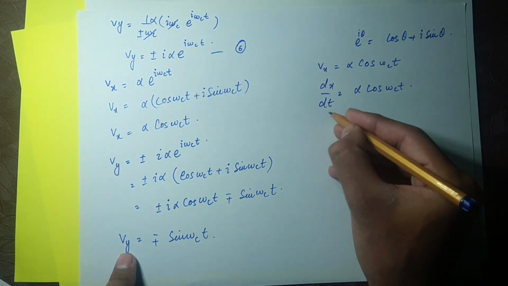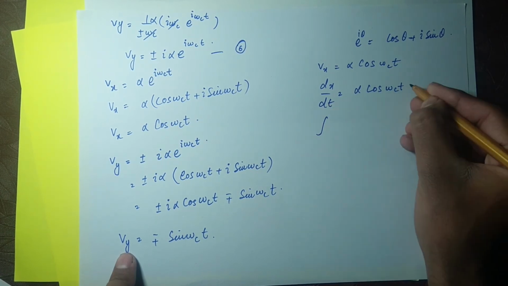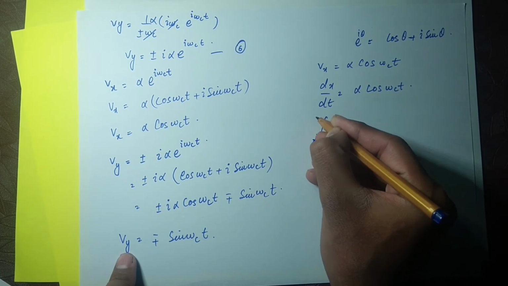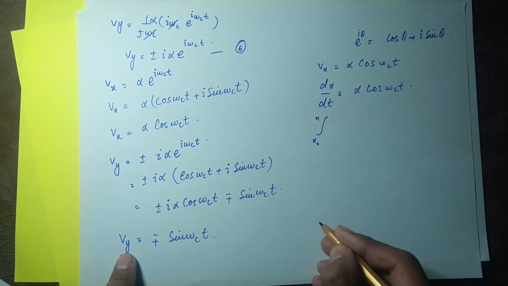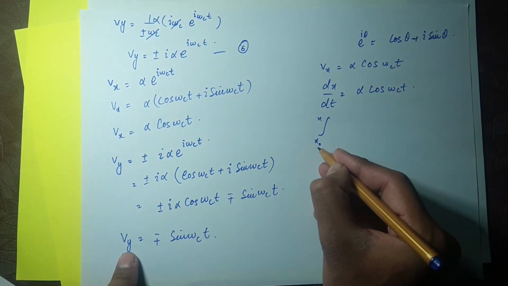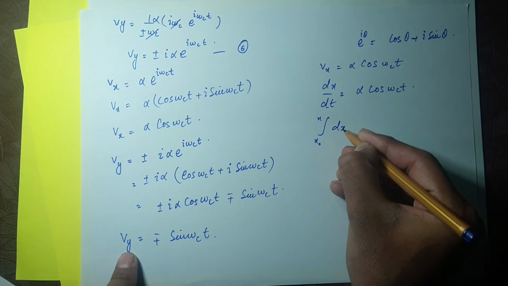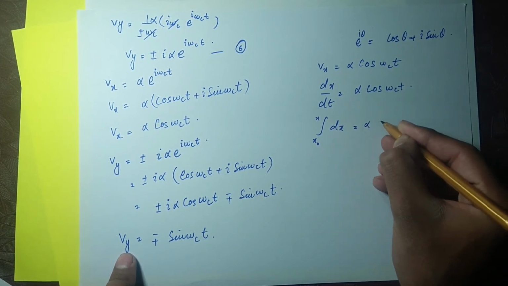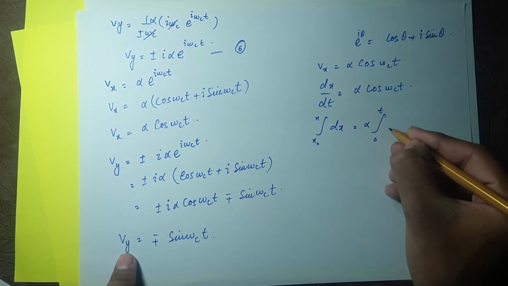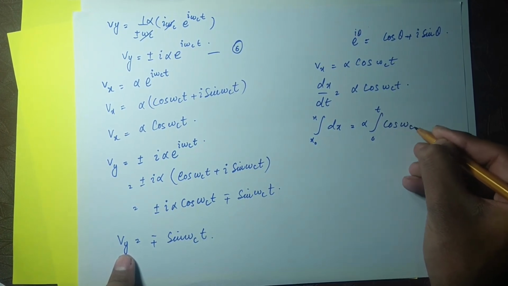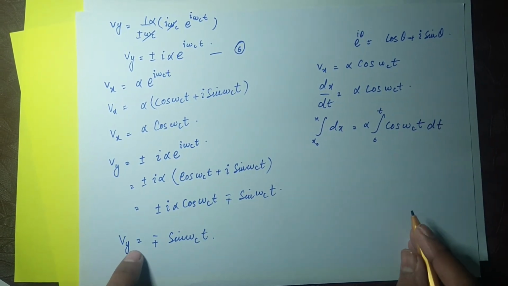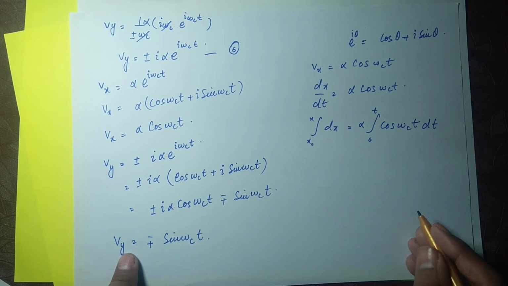If you integrate this, from an arbitrary origin x naught to x, where time equals 0, dx will be equal to alpha cos of omega c t dt from 0 to t.